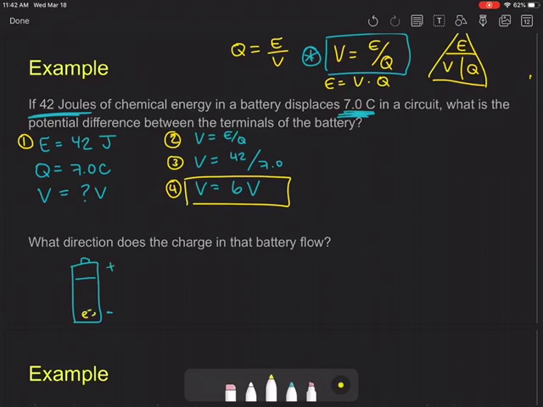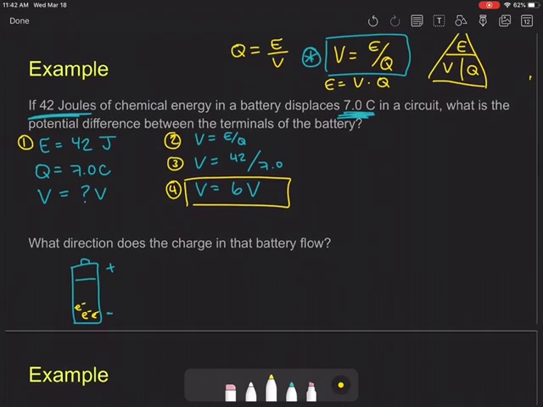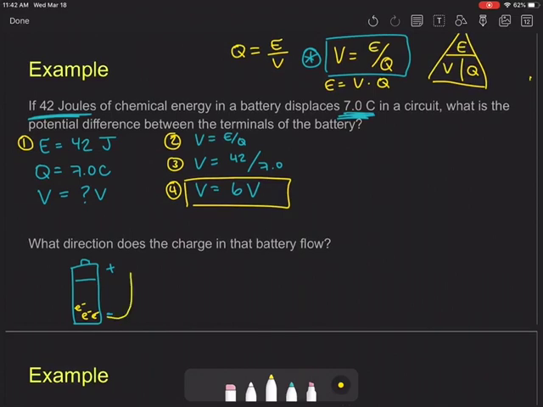All my electrons here, and they want to flow to the positive end. So we flow from negative to positive. So the charge flows from the negative terminal to the positive terminal.